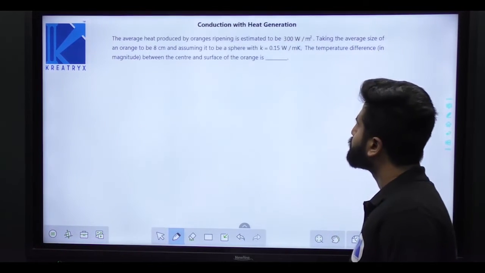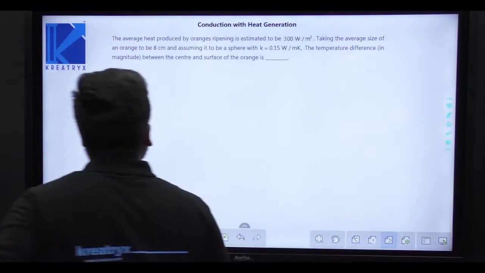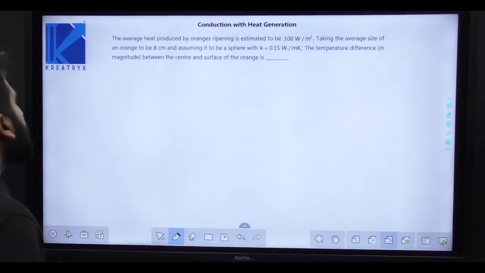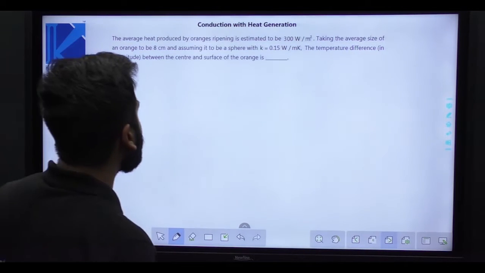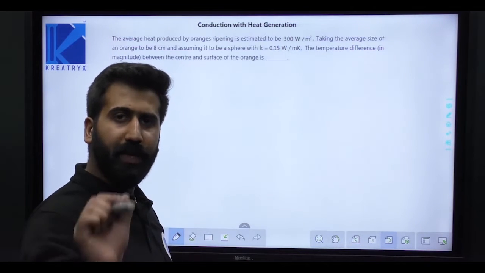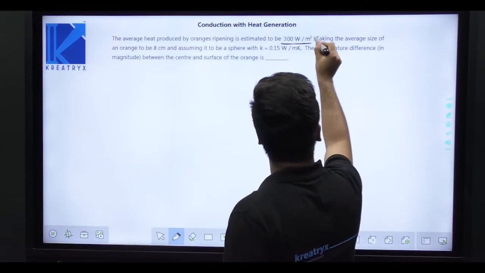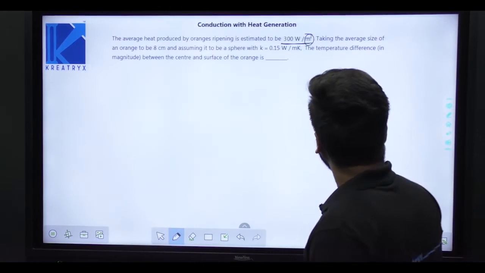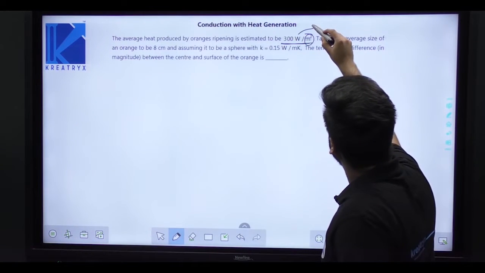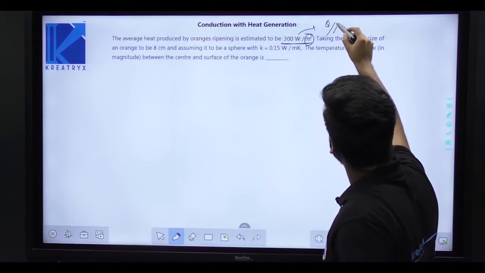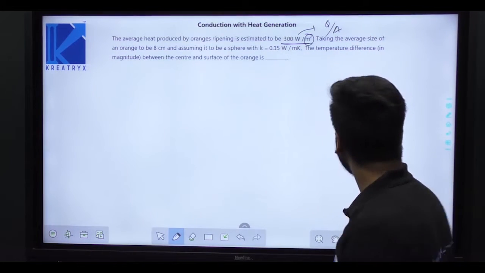Next question. The next question is from conduction with heat generation. The average heat produced by oranges ripening is estimated to be 300 watt per meter square. Be careful with the units, this is 300 watt per meter square, which implies it is Q by A that you have been given.